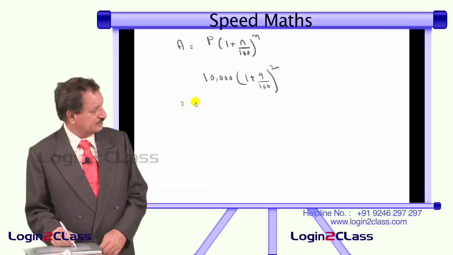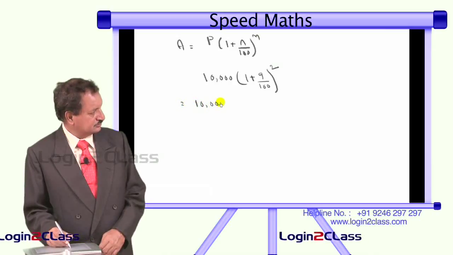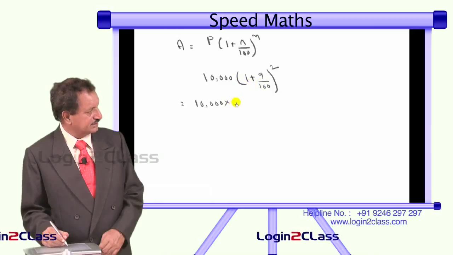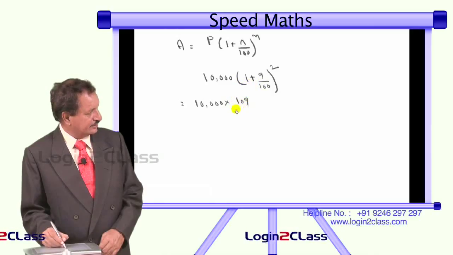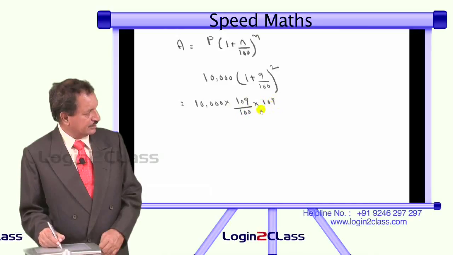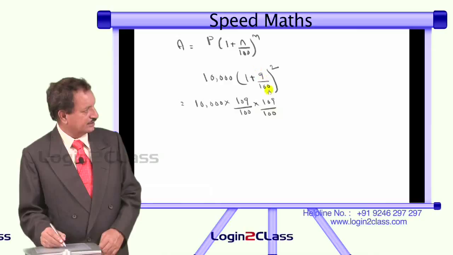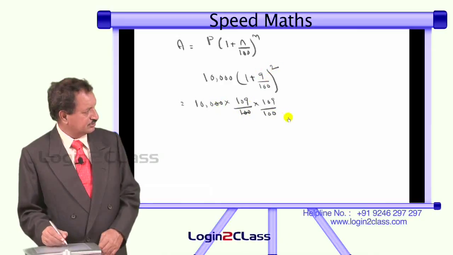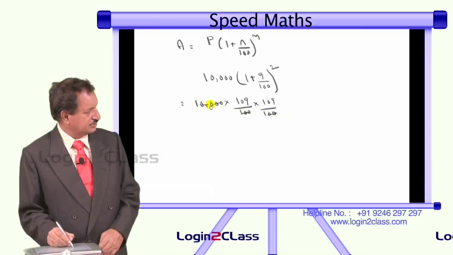How do you do it? 10,000 into 100 plus 9 by 100, this will become 109 by 100 into 109 by 100, because it is square. So these 2 zeros, these 2 zeros, these 2 zeros, these 2 zeros cancel.